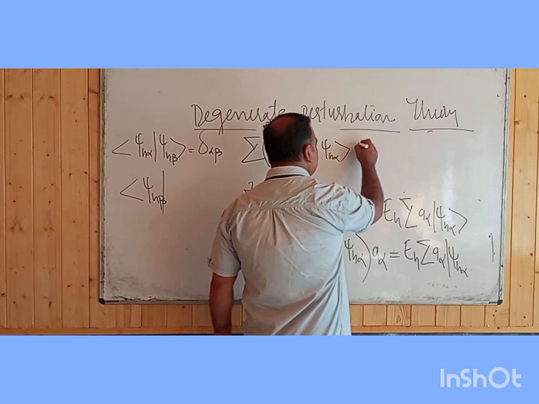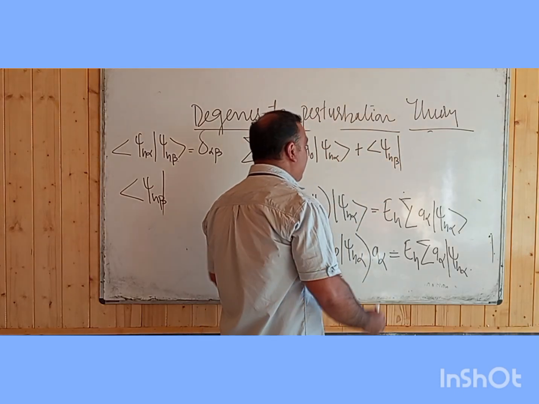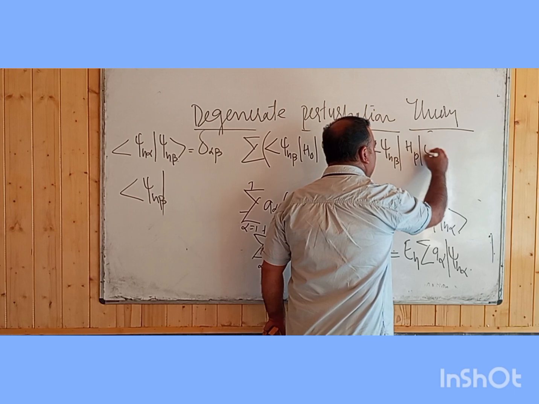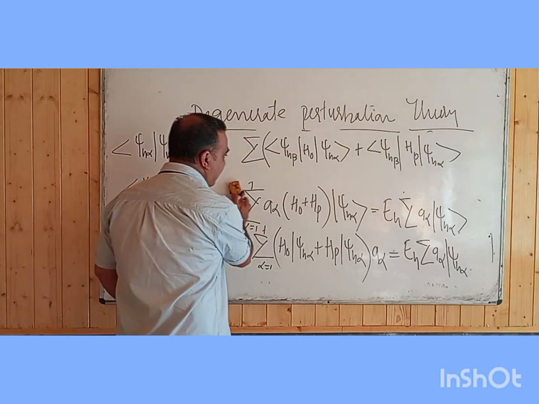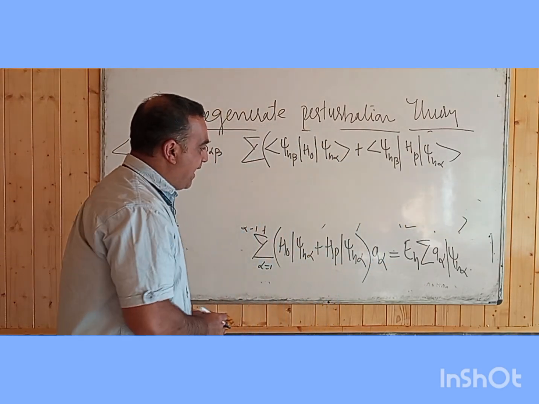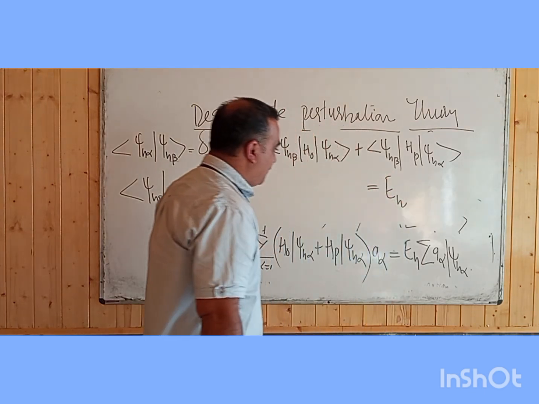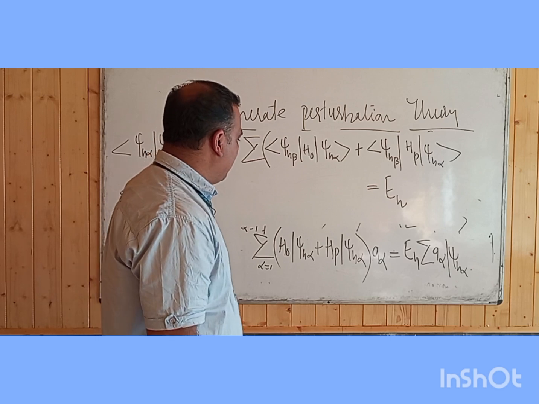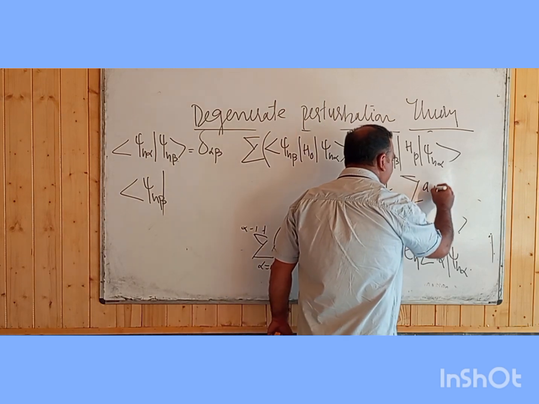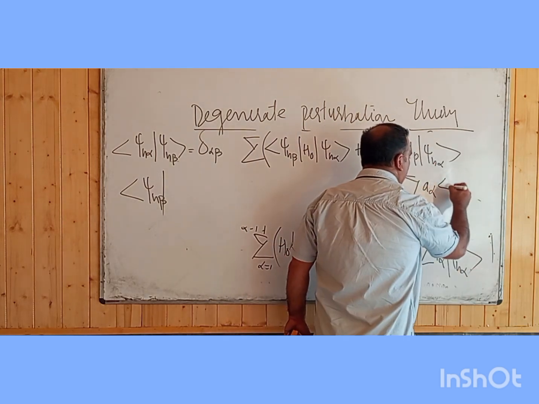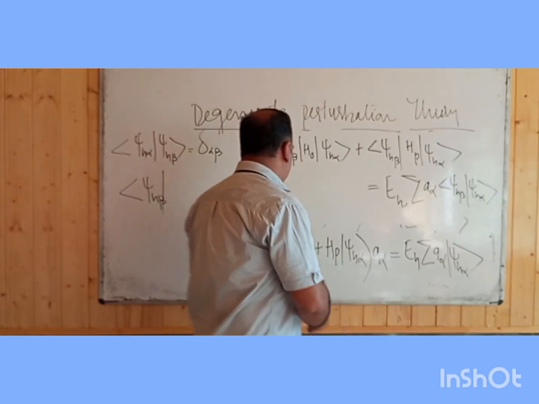On the right hand side we will have En, then the sum of A alpha times the inner product of psi n beta and psi n alpha. This is how it goes.